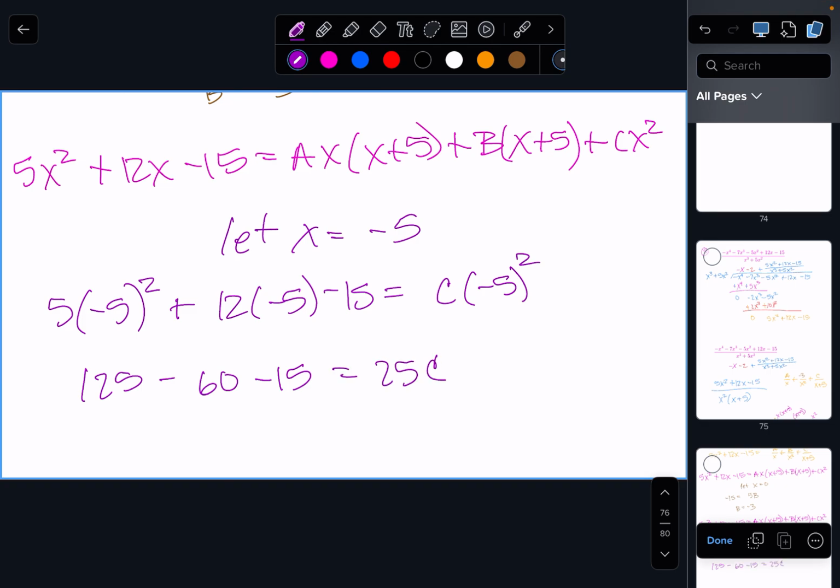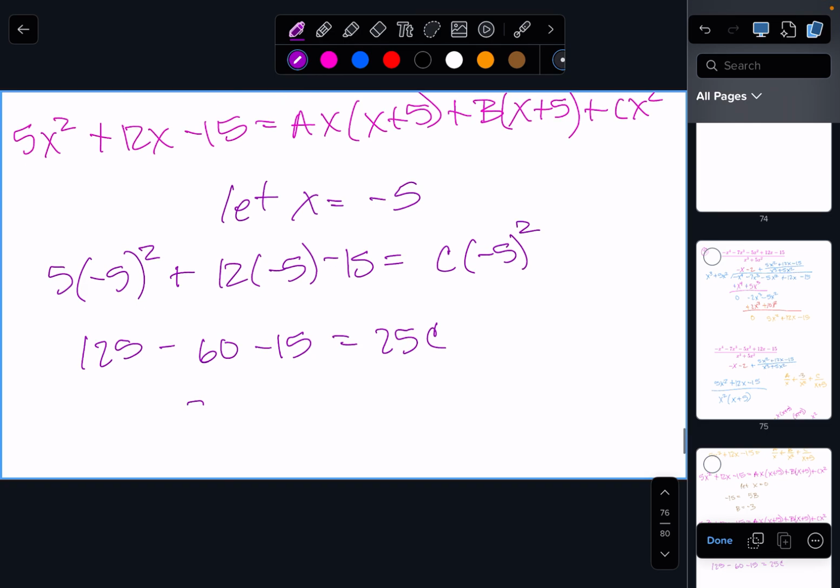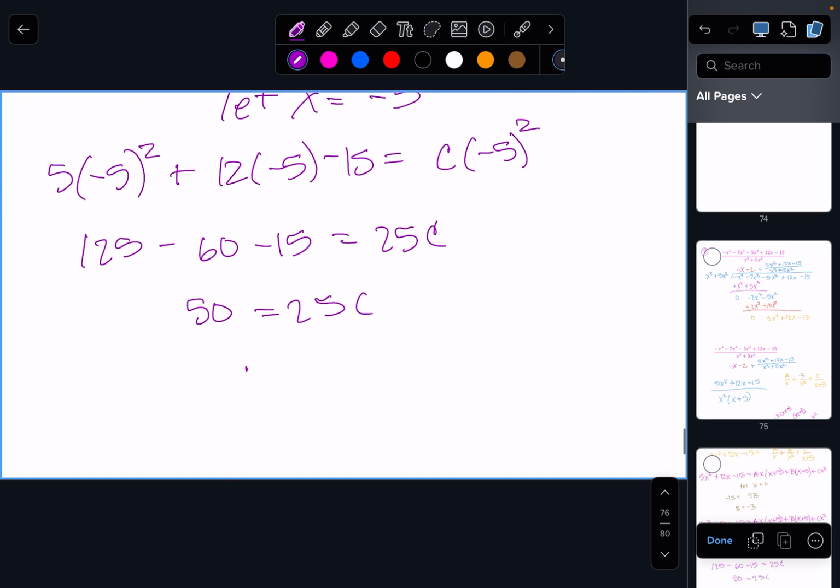Did I do that right? 125 minus 60 is 65, minus 15 is 50. 50 equals 25C. Look how handy that is. C equals 2.